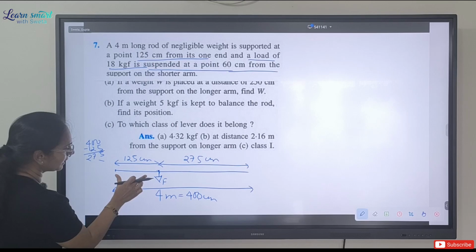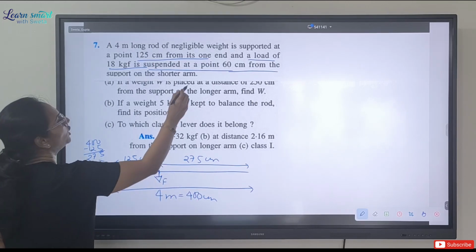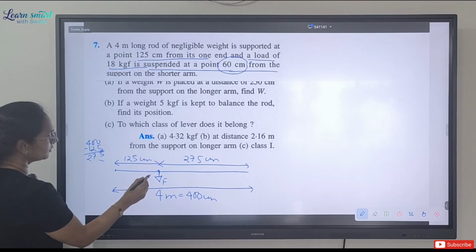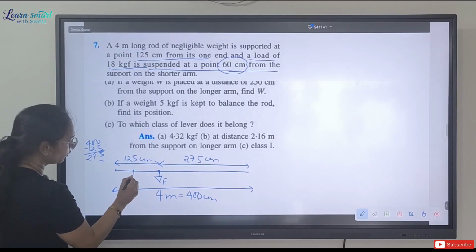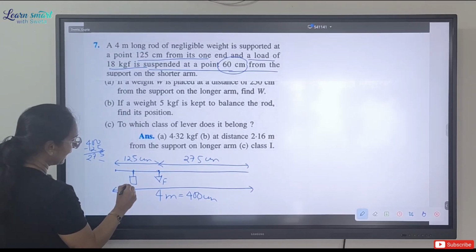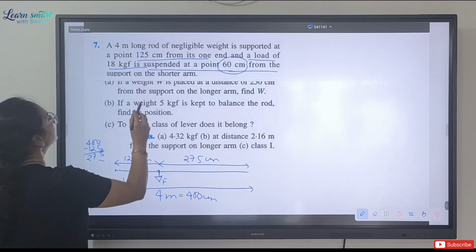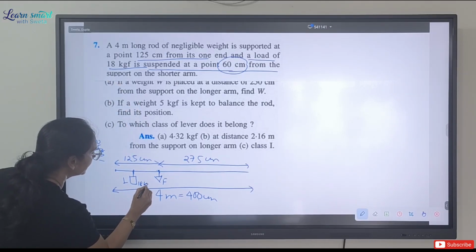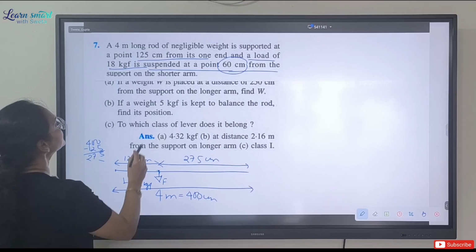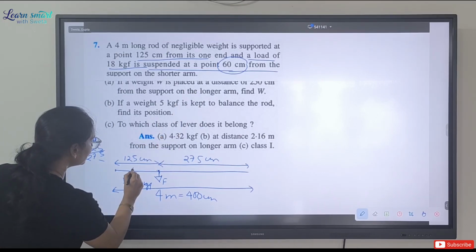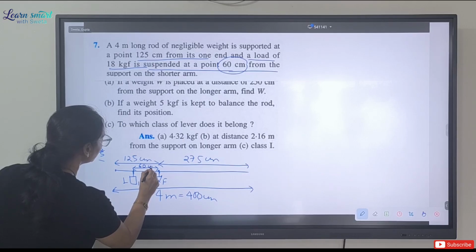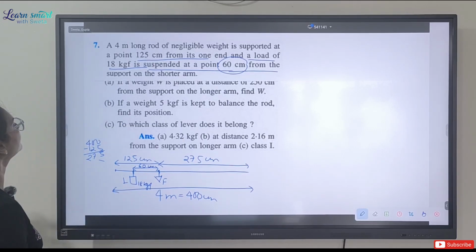So this is the short arm, this is the long arm. The load is suspended 60 centimeter from the support, which means here is the load. And this load is 18 kgf. And the distance is 60 centimeter.